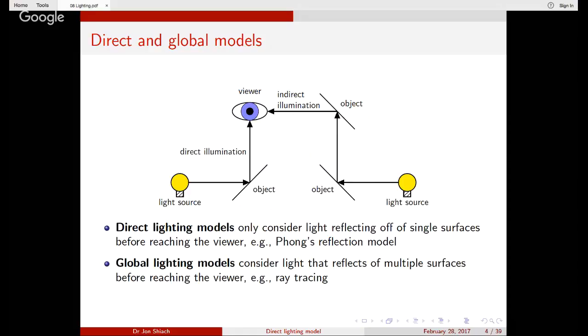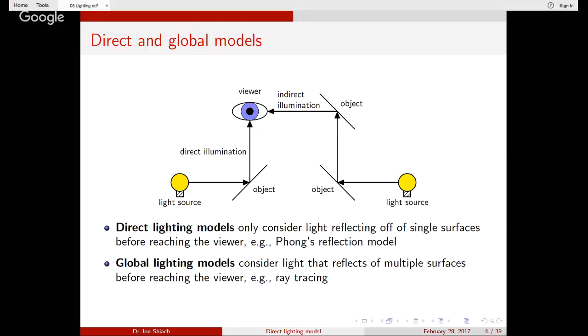There are other types of models, global illumination models. These consider light that reflects off multiple surfaces in addition to the direct illumination. For example, ray tracing you may have heard of. You send rays out from the camera to every object in your scene, and then you work out where the reflected rays will hit, and you keep doing it until it falls on a light source.